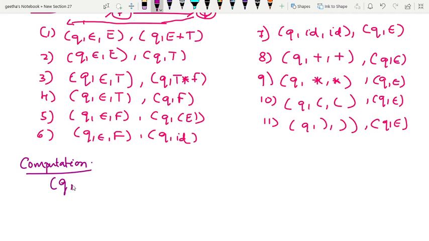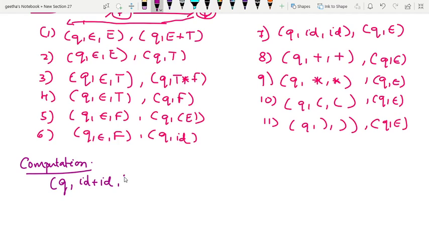So you start from the start state. Here we have only one state in the PDA, that is Q, and then you have to write the input. Let me take it as ID plus ID, a simple one.